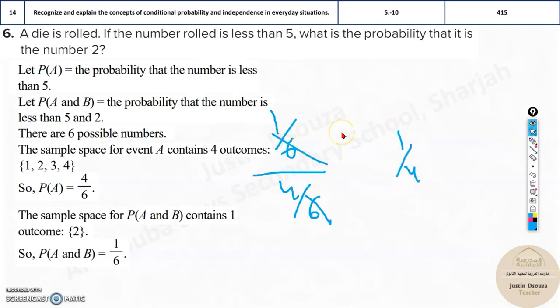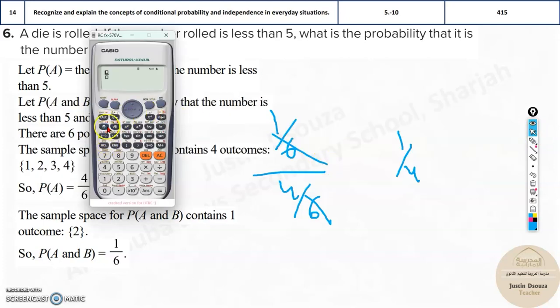Or if you're getting confused, just put it in the calculator. You'll get the answer 1 divided by 6, the entire thing again divided by 4 by 6. Okay, let me just clear it off. 1 by 6 divided by 4 divided by 6.